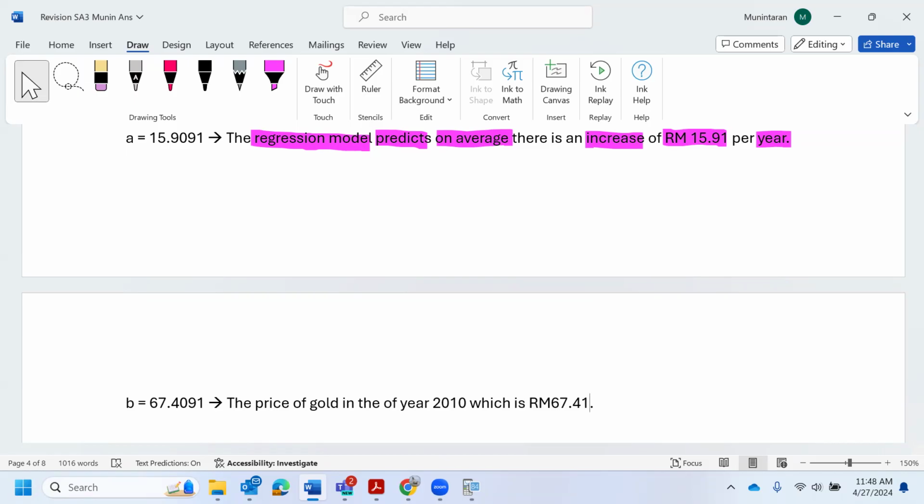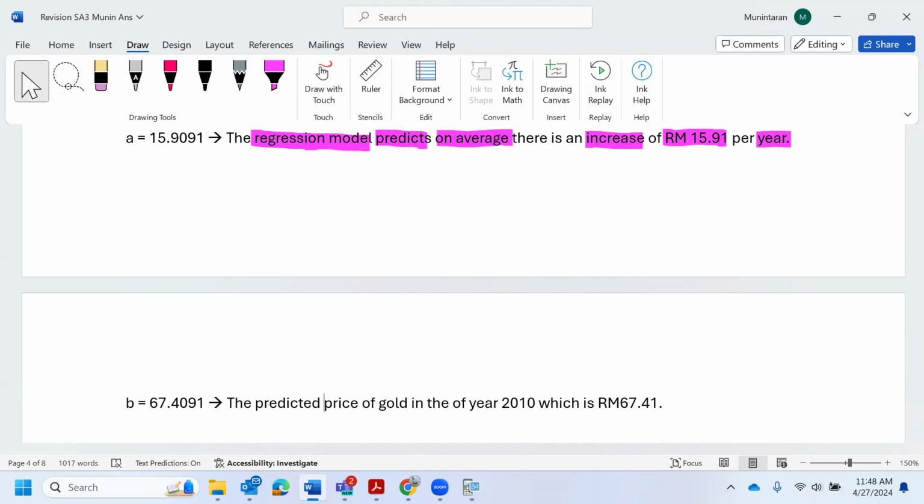I think I'm missing something. What am I missing? It's the predicted. That is the predicted gold price. It is not the actual price.